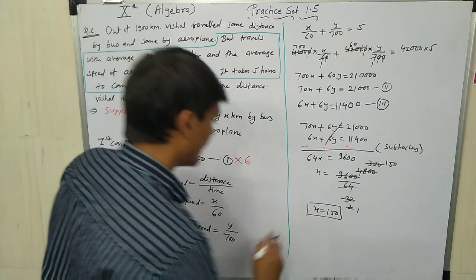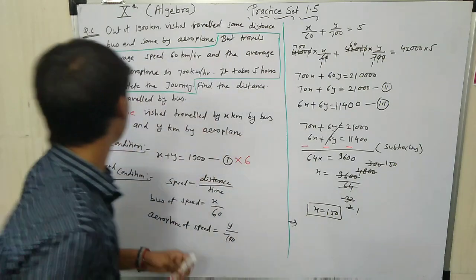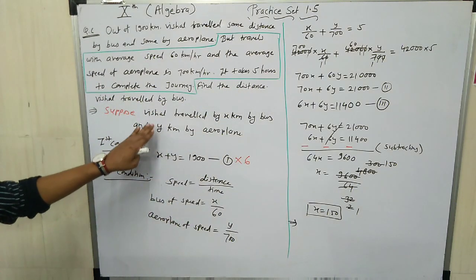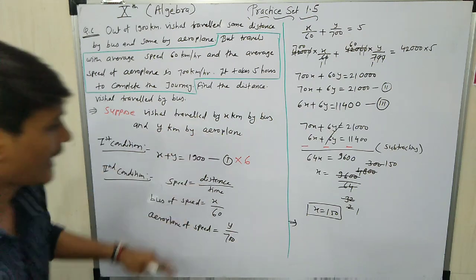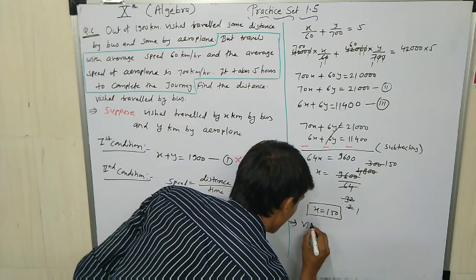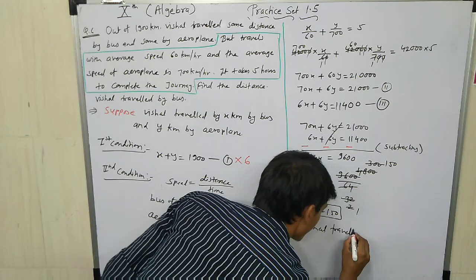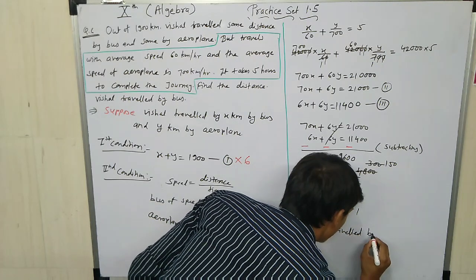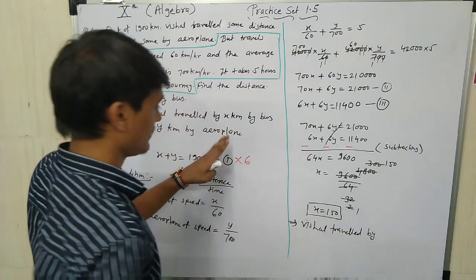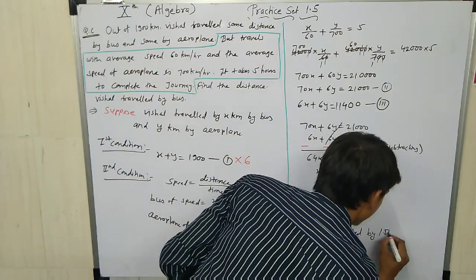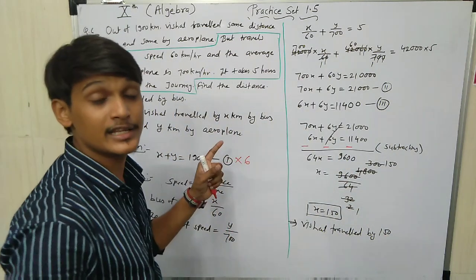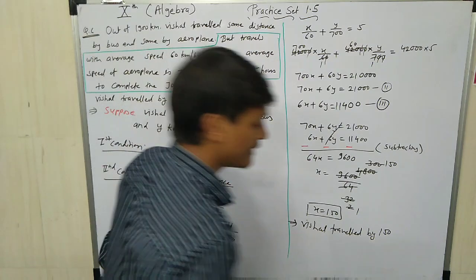Understood? The right answer here. What is the right answer? Vishal traveled by bus 150. Understood? What is the unit?